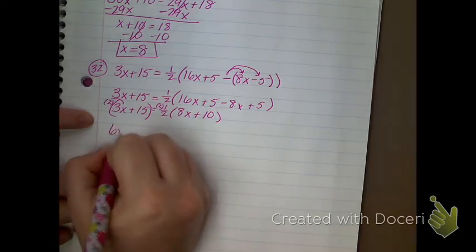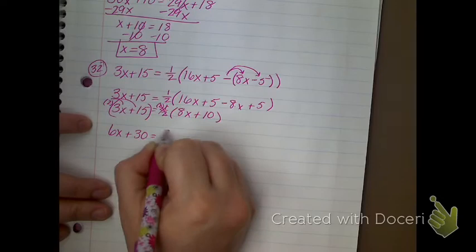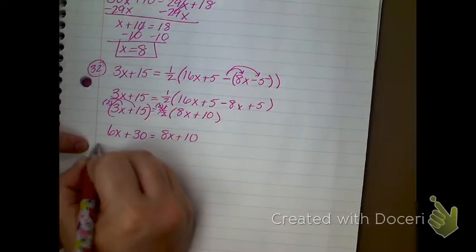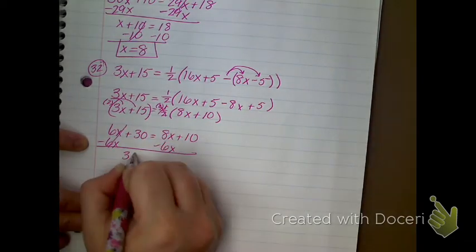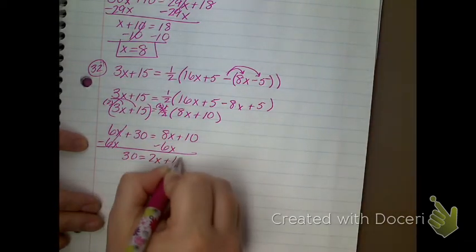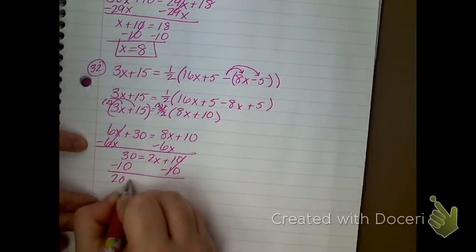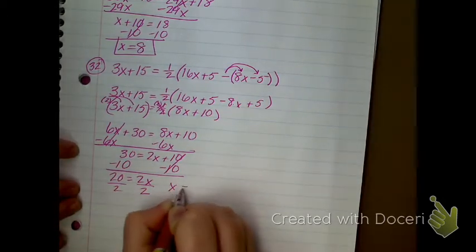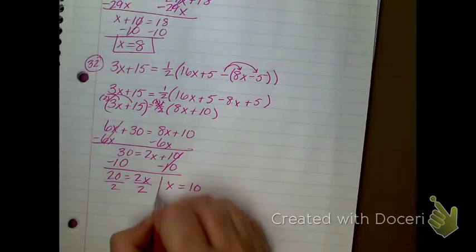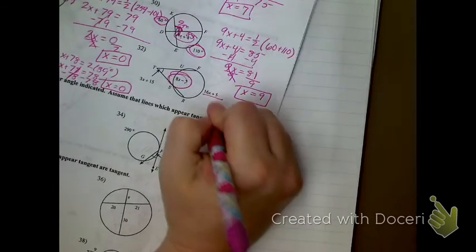So that gives me 6x plus 30 is equal to 8x plus 10. Get your x's together. 30 equals 2x plus 10. Move the 10. 20 equals 2x. Divide by 2, and x equals 10 is my answer for number 32. Okay, so again, x equals 10.